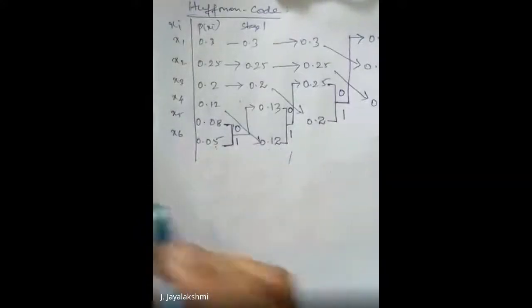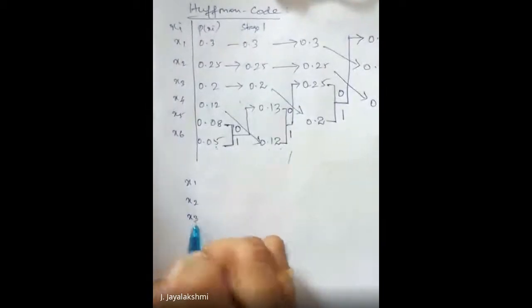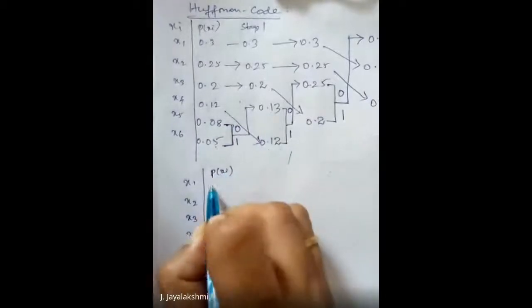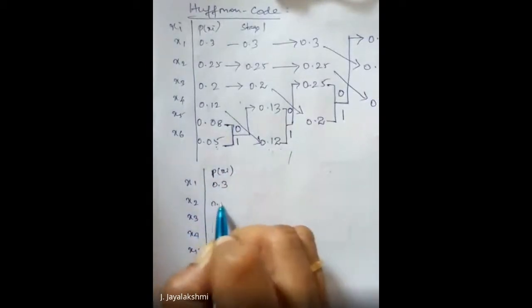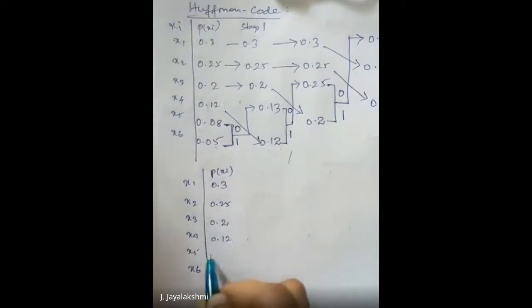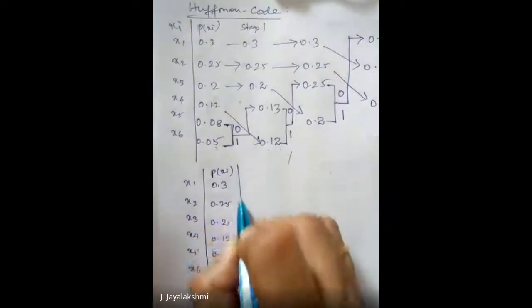Now, once again, what I am going to do is, I write the symbols x1, x2, x3, x4, x5, x6. Next, I write the probabilities also once again: 0.3, 0.25, 0.2, 0.12, 0.08, 0.04. Next, what I am going to do is trace the path.